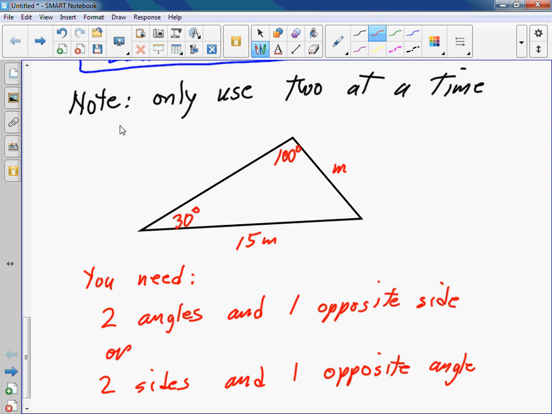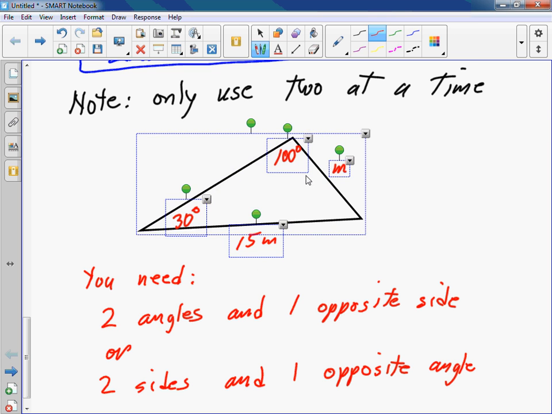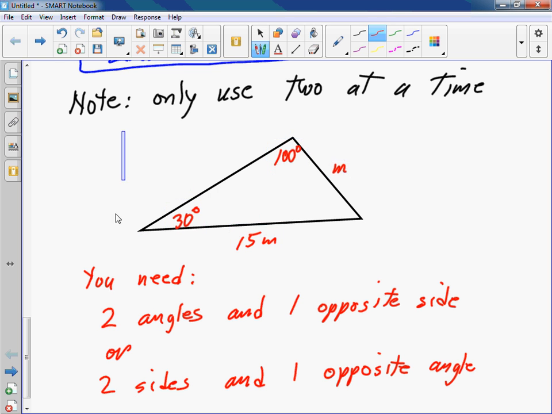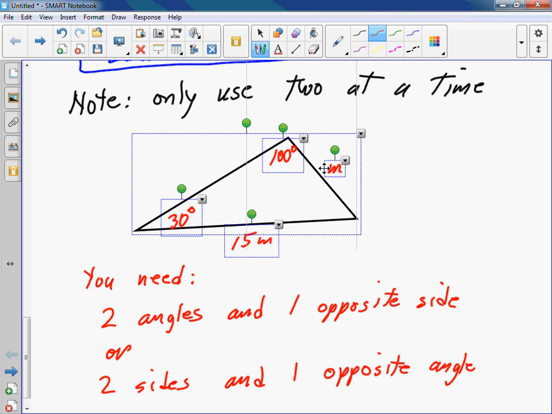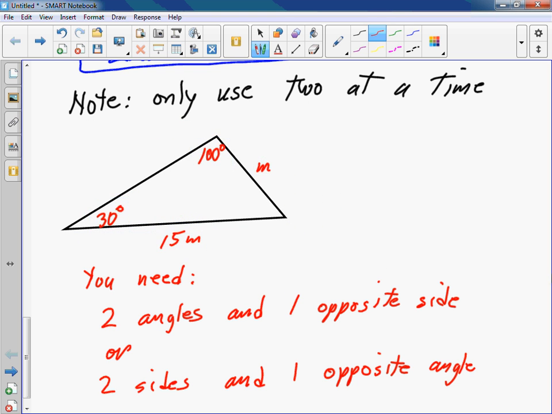Heck, I'm gonna move this over. I'm gonna get wild. Go ahead, Ty. Okay, here we go. So we can say that the sine of 100 degrees over 15 meters equals the sine of 30 degrees over what?